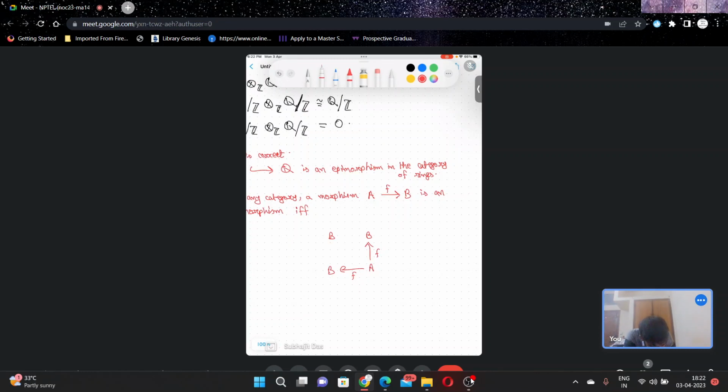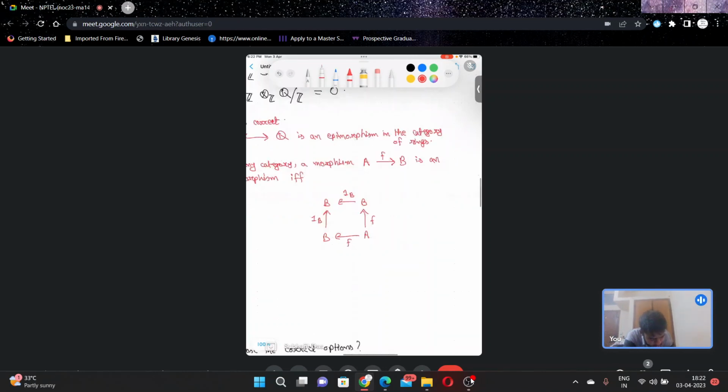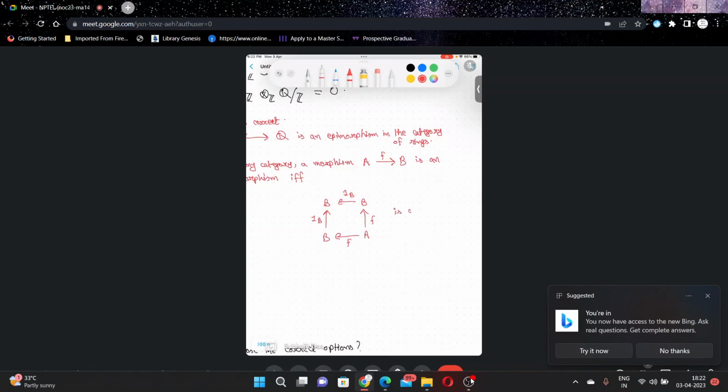So this is B, this is the identity map on B, this is the identity arrow on the object B. This square is a pushout square.